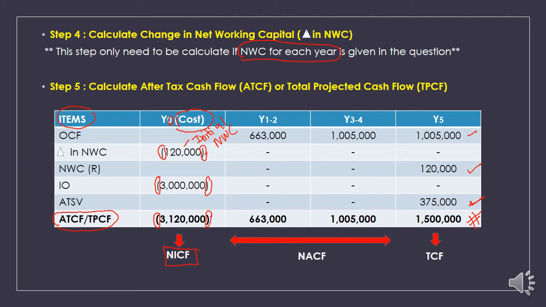Okay, and then the after tax cash flow from year 1 until year 4 is represented by NACF, which is net annual cash flow. And the last one, the amount of ATCF at year 5 is also represented by TCF, which is terminal cash flow, or it is also equivalent to the cost at the end of the project.